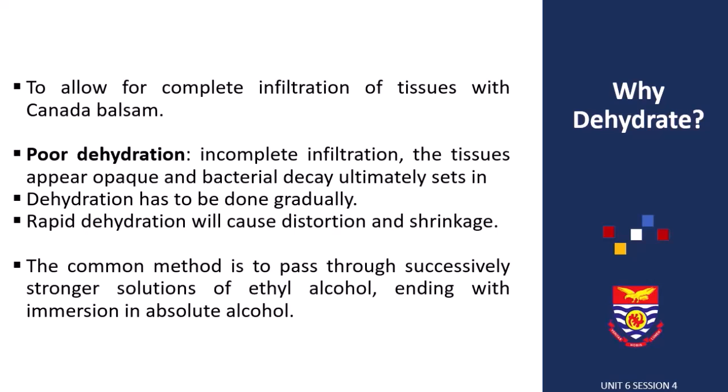The common method in dehydration procedure is to successively pass the tissue through a series of alcohol or ethanol with increasing concentration, in that at the end you immerse the sample 2 times in an absolute alcohol.